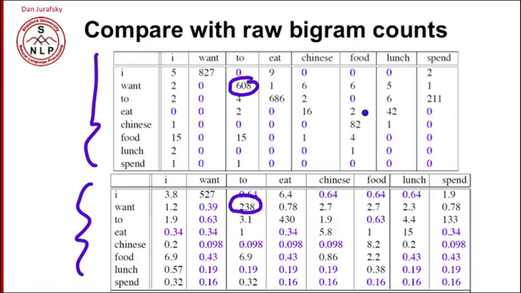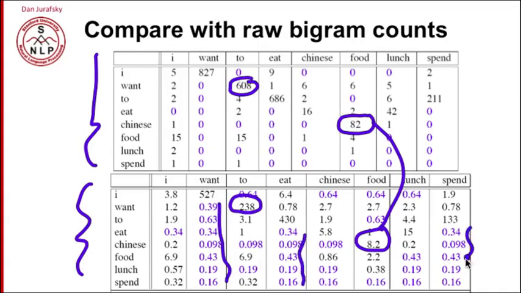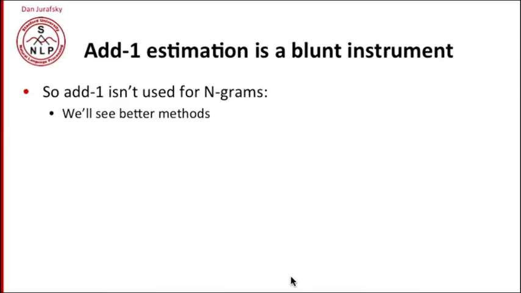Or Chinese food occurs 82 times in our original counts and only 8.2 in our reconstituted counts. So add-1 smoothing has made massive changes to our counts, sometimes changing the original counts by a factor of 10, in order to steal that probability mass to give to all those zeros that had to be assigned probabilities. In other words, add-1 estimation is a very blunt instrument.